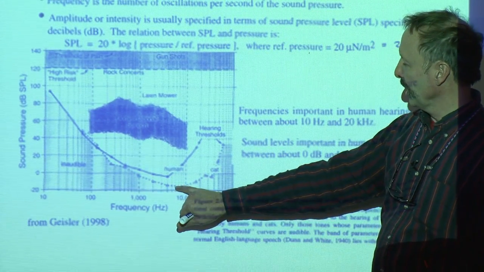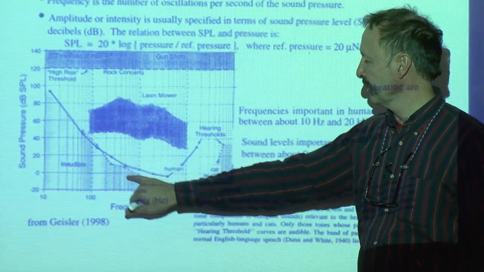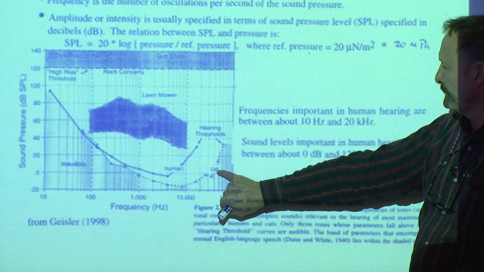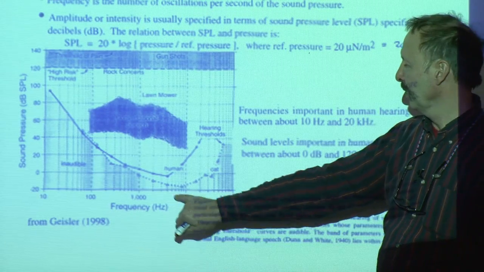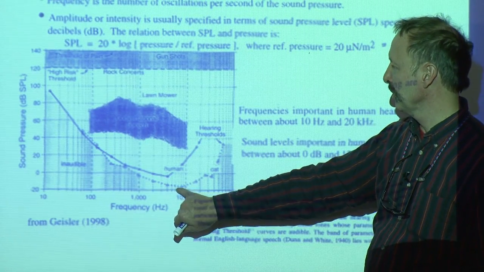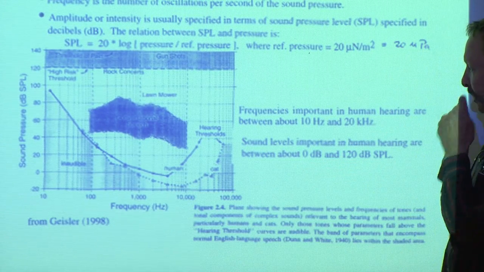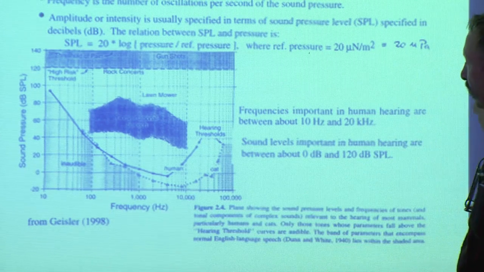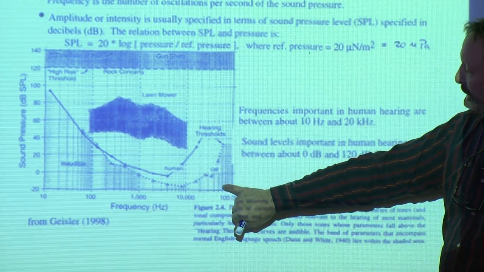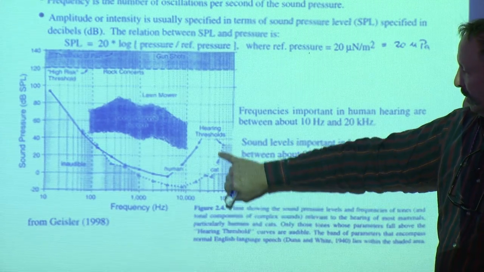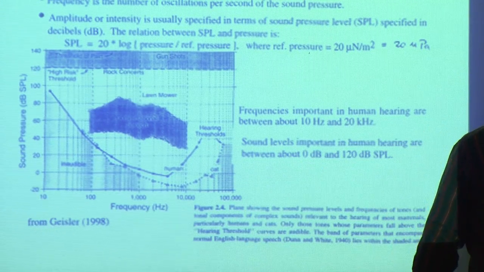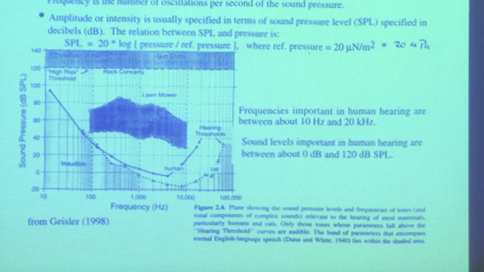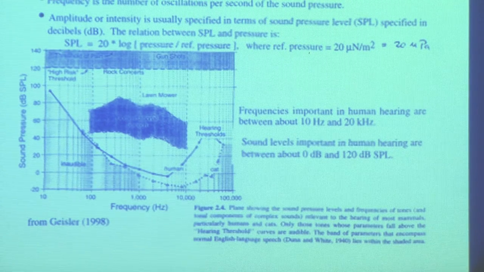This other dashed audiogram or hearing sensitivity curve is for a different species, the cat. And the cat hears down to about -10 dB SPL. At least this group of cats did. The cats also hear higher in frequency than humans. Dogs and cats can hear about an octave higher, that is a doubling of frequency higher than humans do.